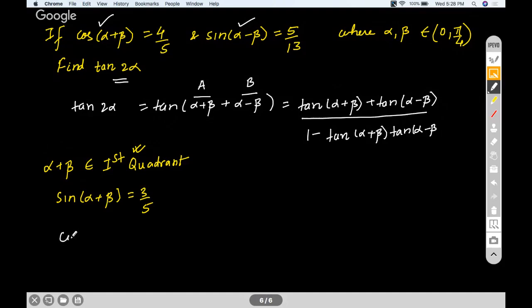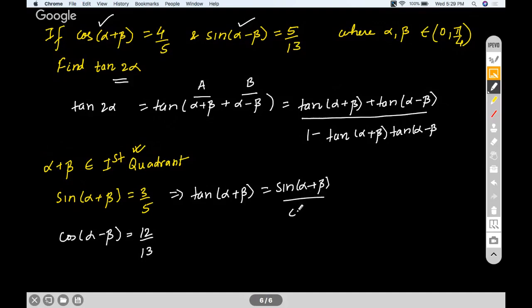In a similar way, I can say cos alpha minus beta could be written as 12 by 13. Okay. And this implies my tan alpha plus beta, which is nothing but sine of alpha plus beta by cos alpha plus beta, can be directly written as 3 by 4. Okay.